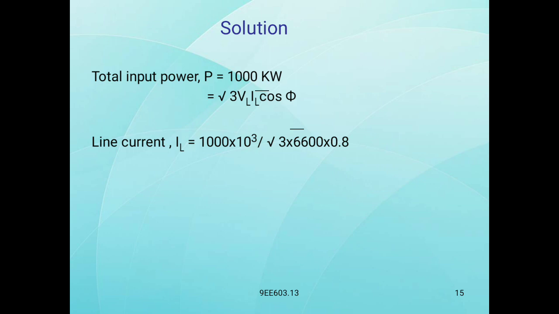From the power equation, the line current IL is equal to power by root 3 VL cos phi. So IL is equal to 1000 kilowatts divided by root 3 into 6600 into 0.8, which is 109.35 amps. For star connection IL is equal to IA, the phase current, that is 109.35 amps.